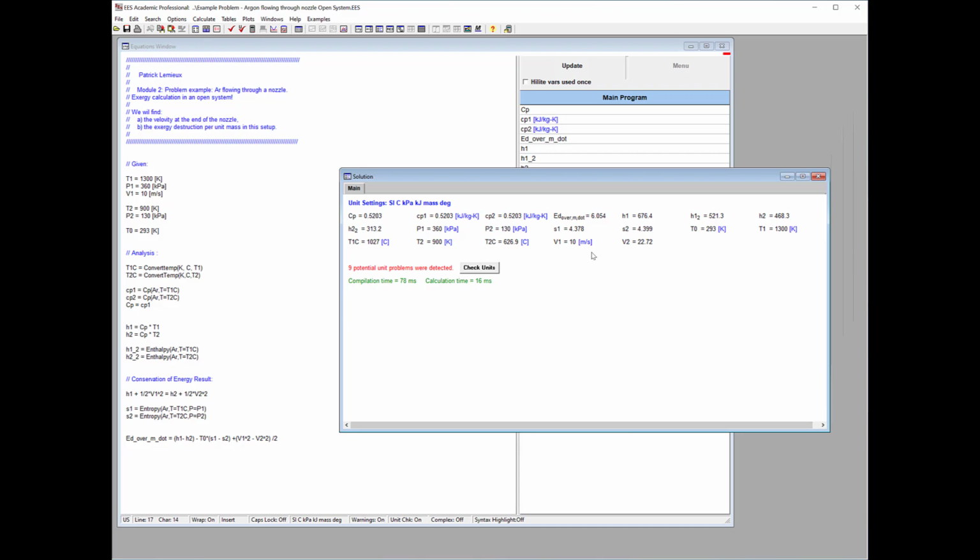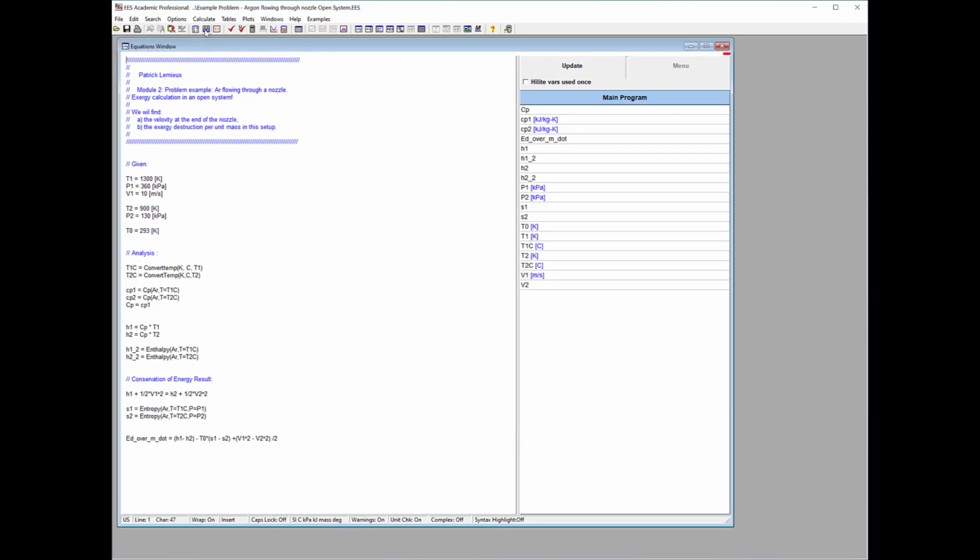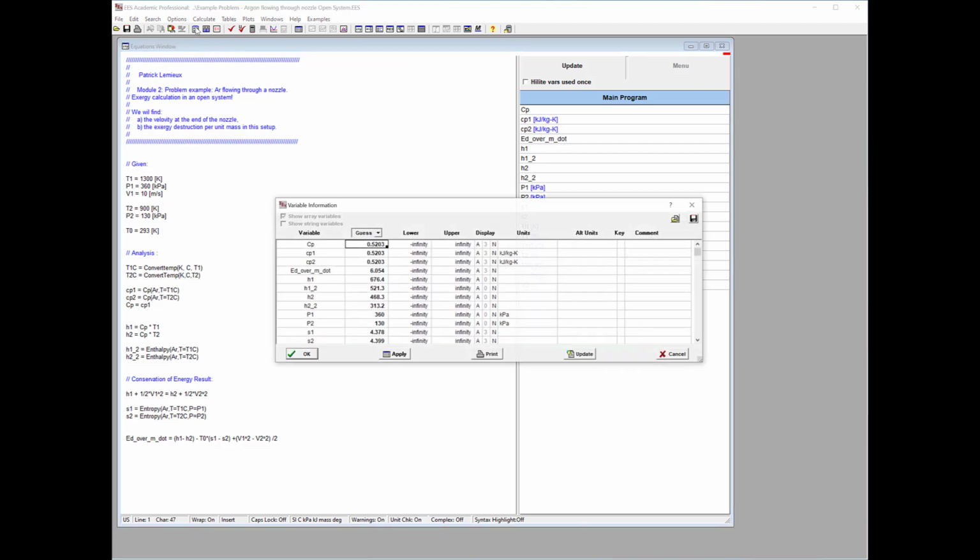Okay. Right, so let's start by fixing those units. This always bothers me. That's always a good way to find problems. So again, I'm going to grab that guy and go up. The exergy destruction term, that's going to be in kilojoules per kilogram.